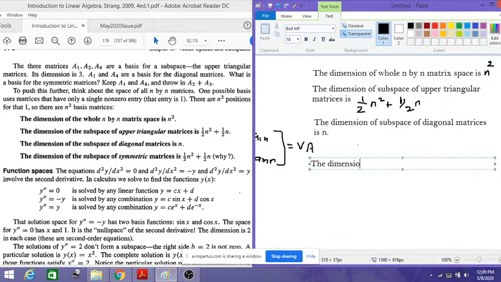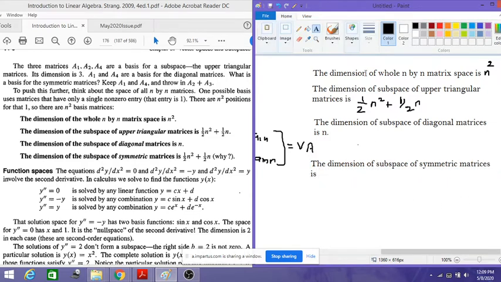The next point: the dimension of the subspace of symmetric matrices is given by half n square plus half n. If you look at the second point and this last point, the dimension is the same, half n square plus half n.